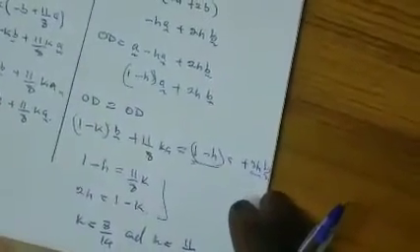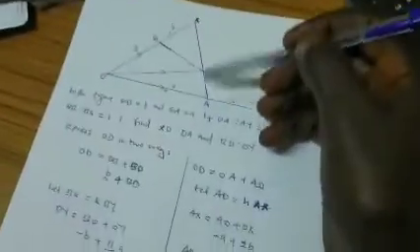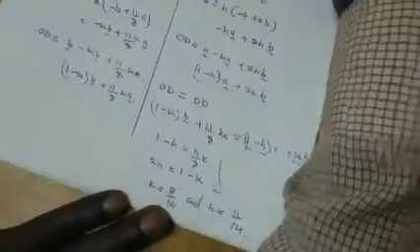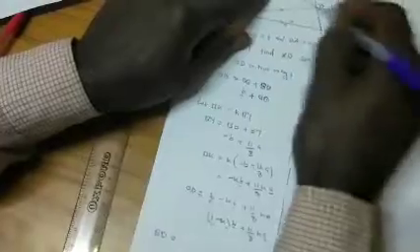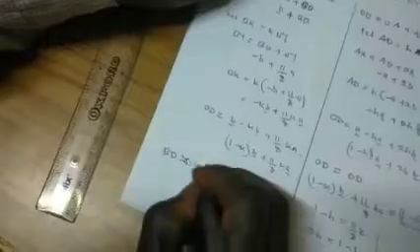What does it mean? From B to D, BD is 8 divisions, and DY is 6 divisions. So the ratio BD to DY is 8 to 6, which reduces to 4 to 3.